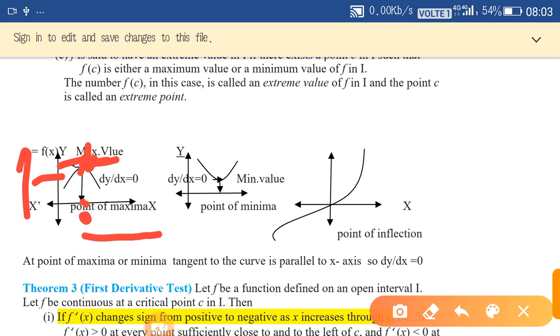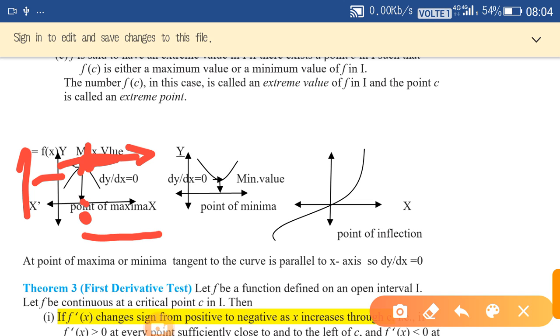At the point of maxima, the curve is like this and the tangent is drawn like this. So it means the tangent to the curve is parallel to the x-axis. That means the slope of the tangent is 0, as the slope of the x-axis is 0. That means dy upon dx is 0.